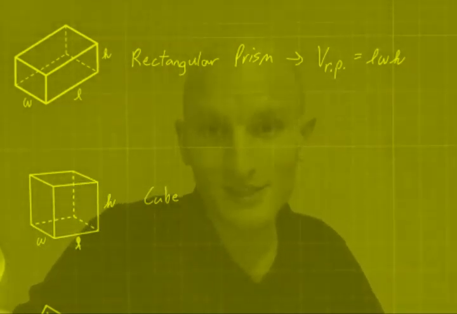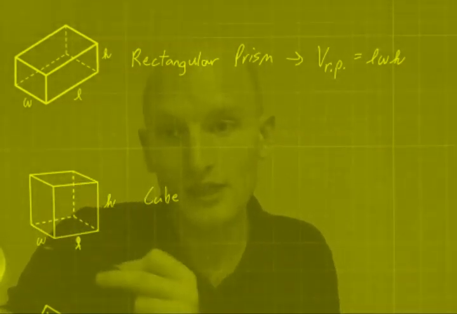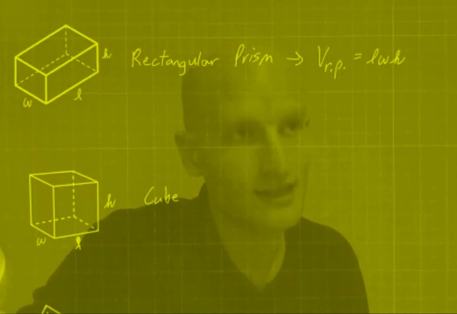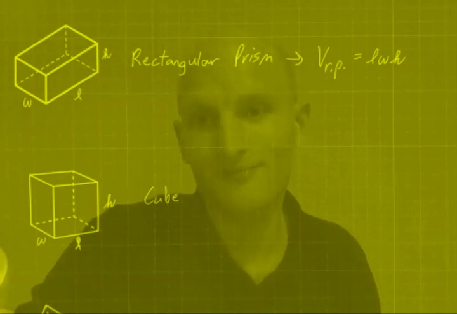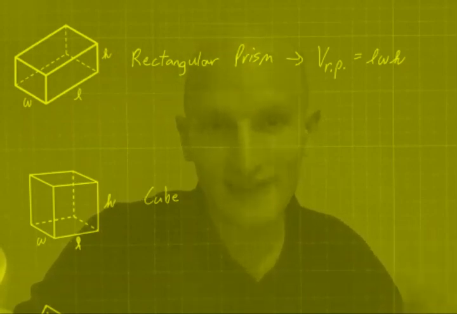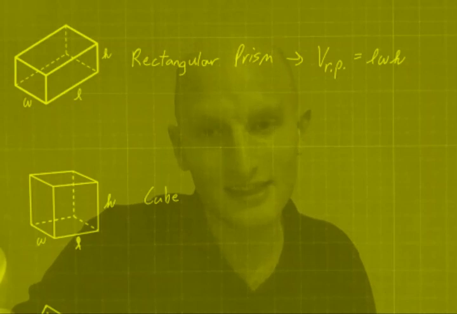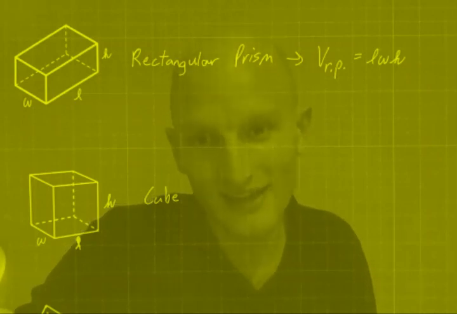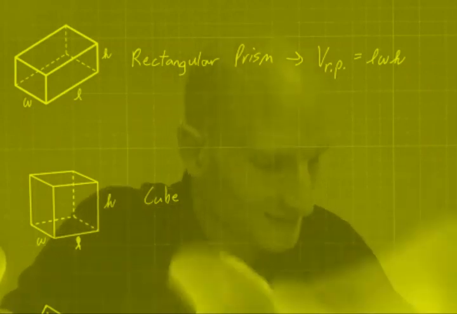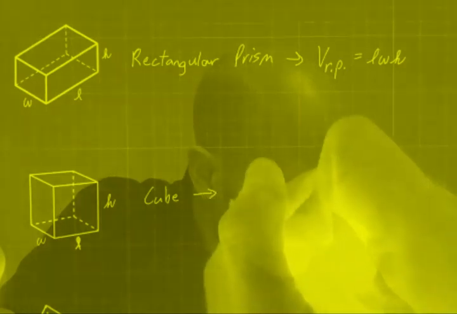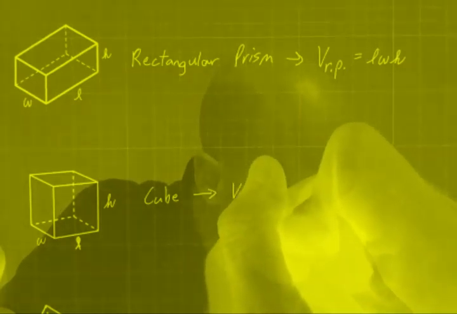So if you know 1 dimension of a cube, let's say you only know the length, and it is, we'll say 5 centimeters. Then what's the volume? It's 5 times 5 times 5, right? It's 1 dimension cubed, right?